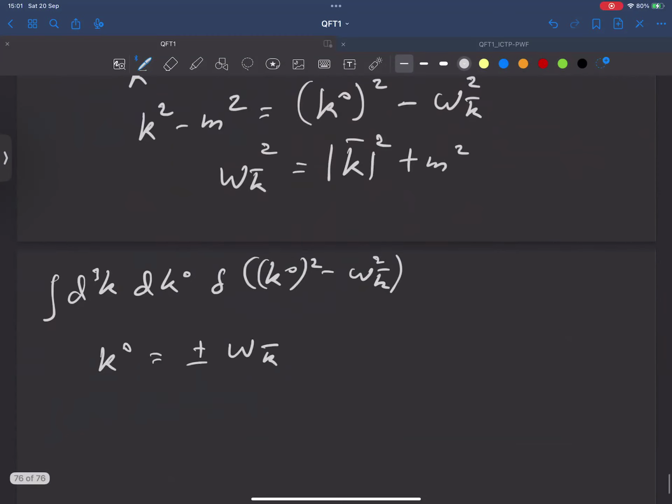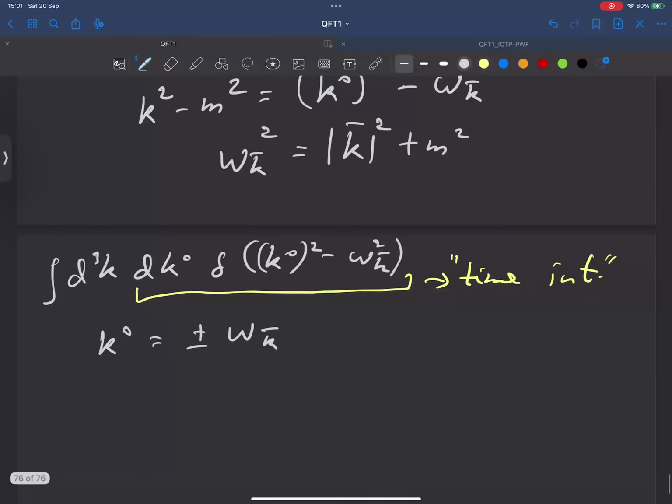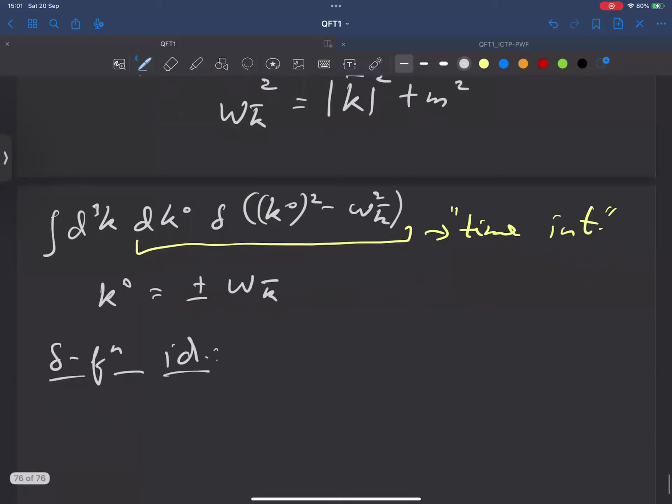Now the idea will be to first evaluate the time integral. So to do that, we will use a delta function identity. And don't worry if you don't know this, there will be an appendix where this will be proven.